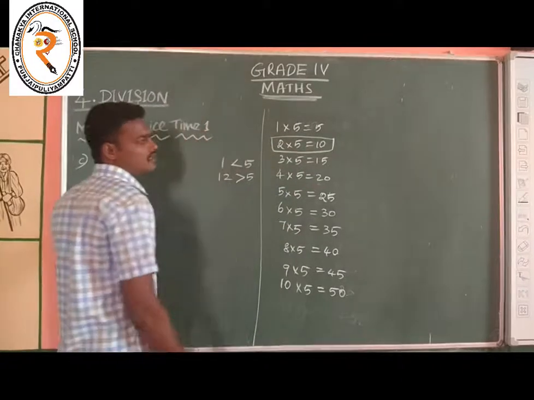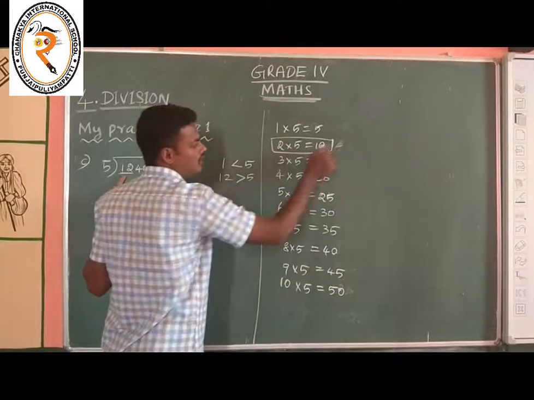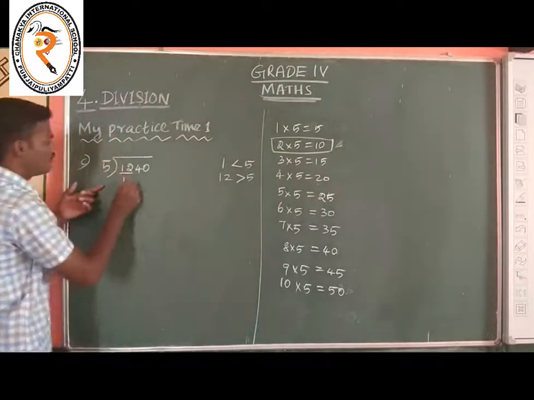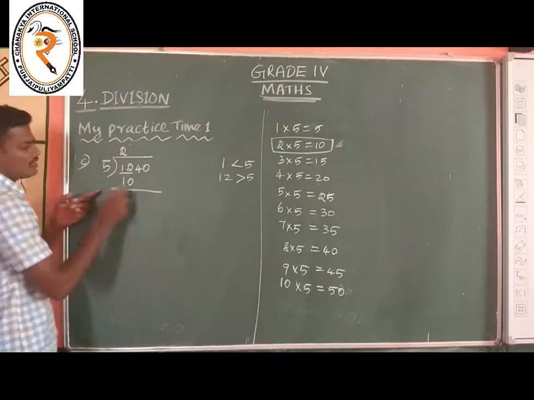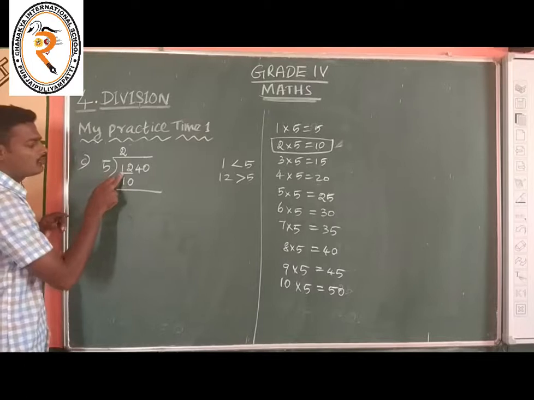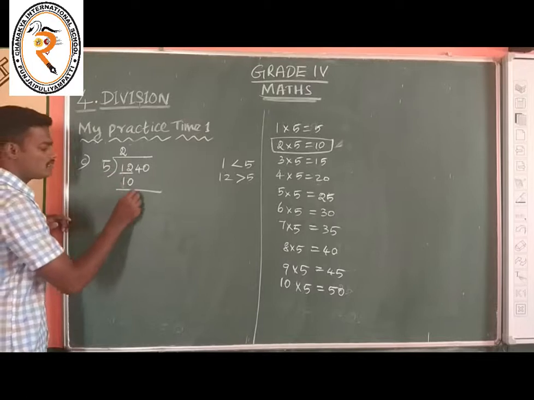10 in the fifth table is 2 times. So we subtract 12 minus 10, which is 2.